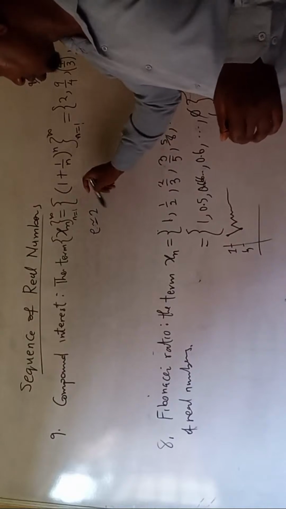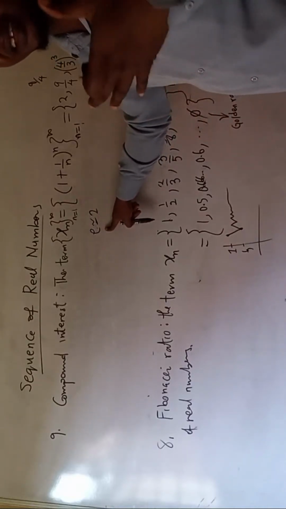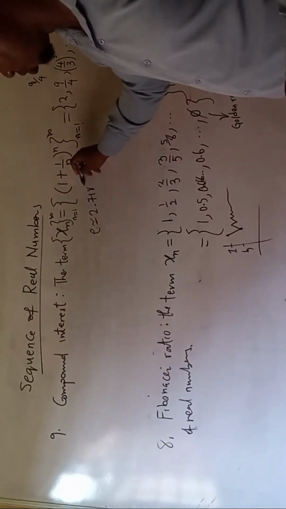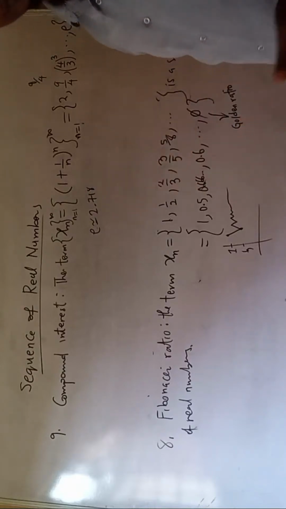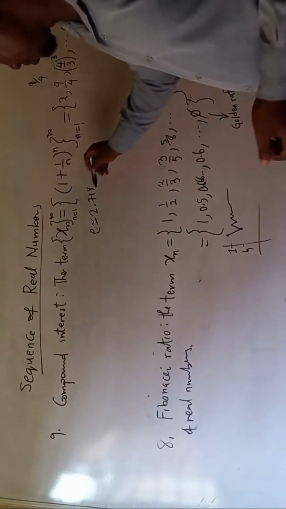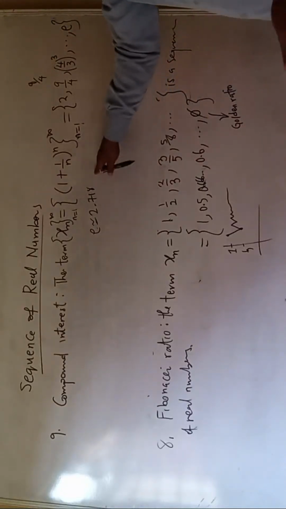You will recall we have said the exponential number is an irrational number, but the first members are 2.718. It means as this is going, it's going to stop at it.